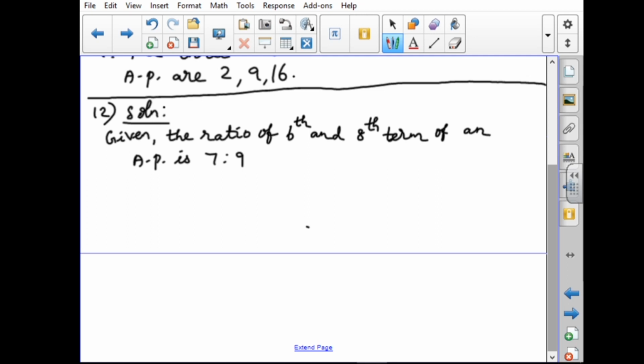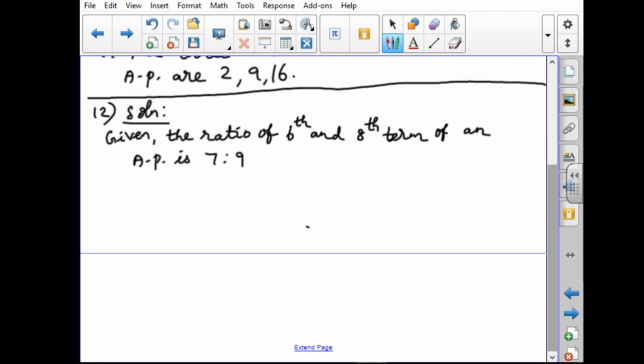Next they asked to find the ratio of the 9th term to the 13th term.